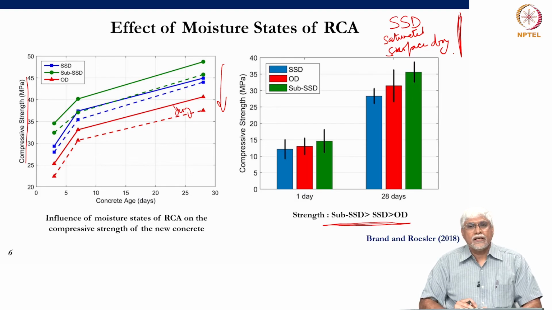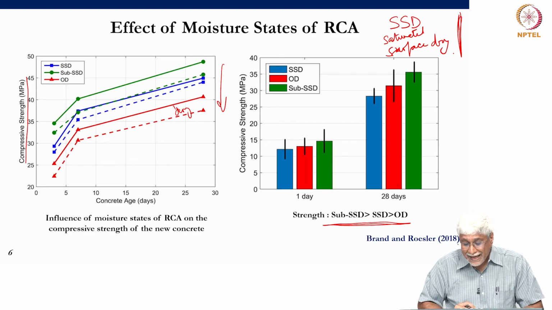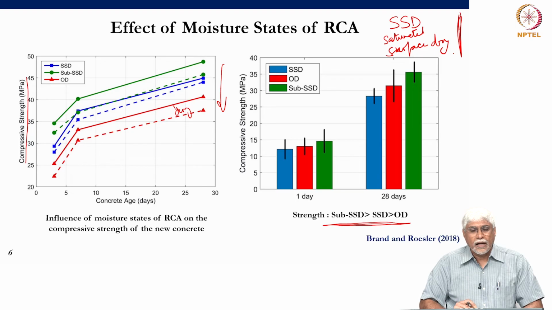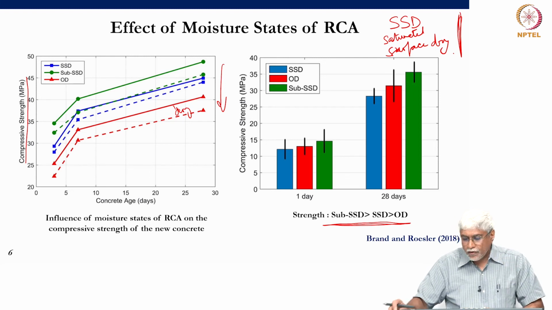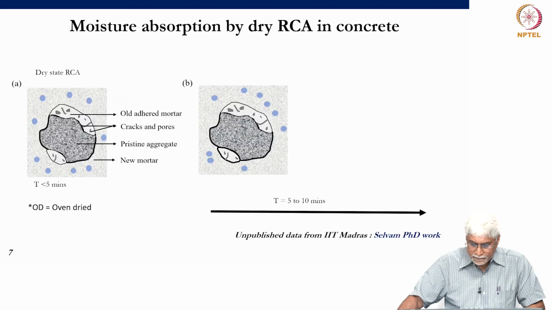So the moisture content of the recycled concrete aggregate matters, and what I would like to reiterate is it should be wetted. It should be wet before we put it into the concrete. If it is very dry, then you end up with a weaker interface because the aggregate absorbs water from the new cement paste.